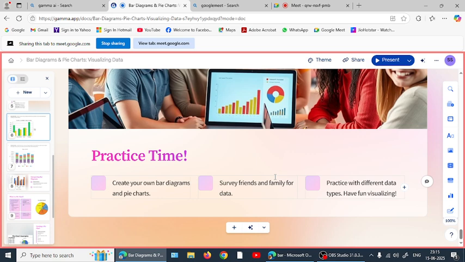You have to organize it according to the values, then plot a graph and a pie chart based on that data, and send it to me before the next class. Before the next class means tomorrow evening. Please send it to me and I will check it.